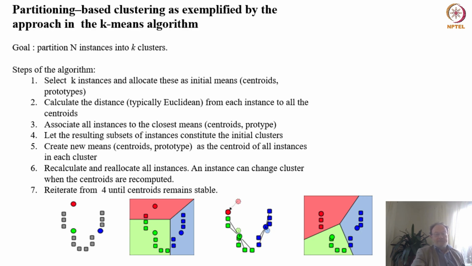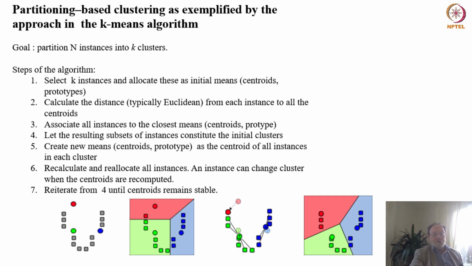We take all the instances that happen to be in one of the original clusters and calculate from that set the centroid according to the traditional definition of centroid. This means you get a new mean or new central point for each of the initial clusters.